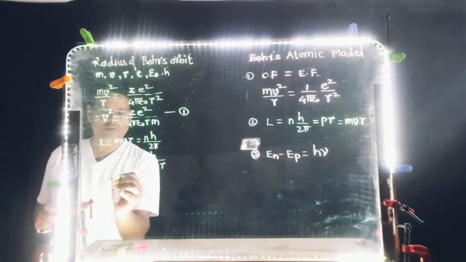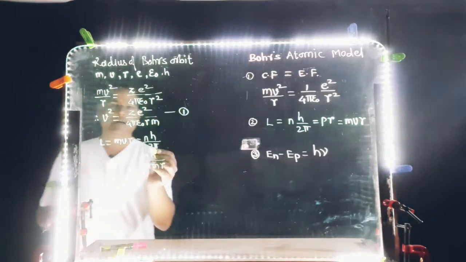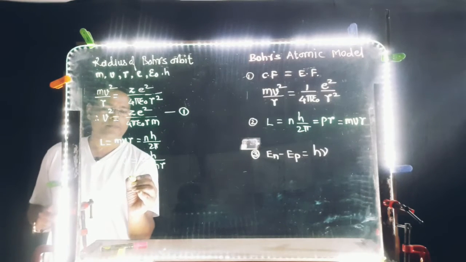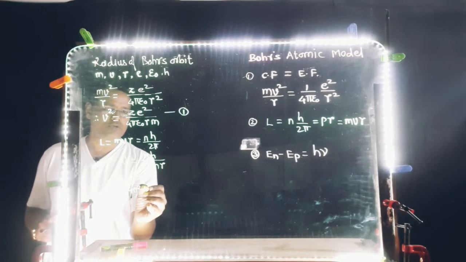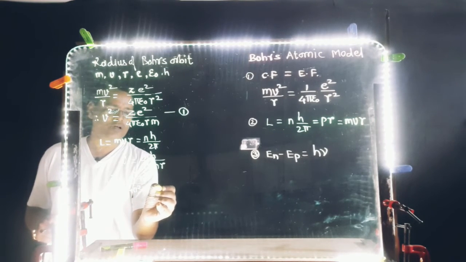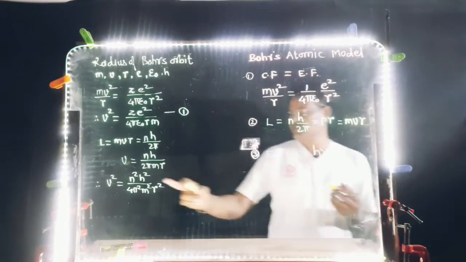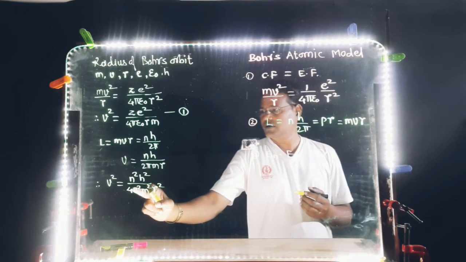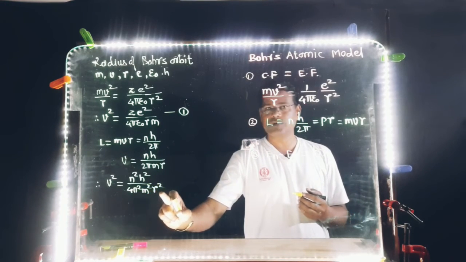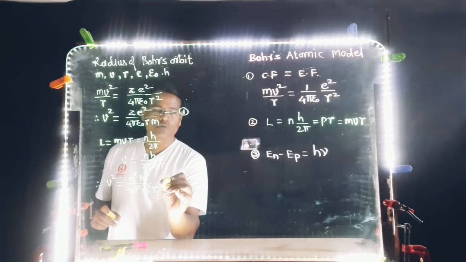Therefore, velocity square is equal to, जर velocityचा वर्ग केला, हे इक्वेशन ने वर्ग केला तर काय होतो पहा, it is n square h square divided by 4 pi square m square आणि r square. हे झालं त्याचं रिलेशन. v square equal to n square h square by 4 pi square m square आणि r square. Call this as equation number 2.